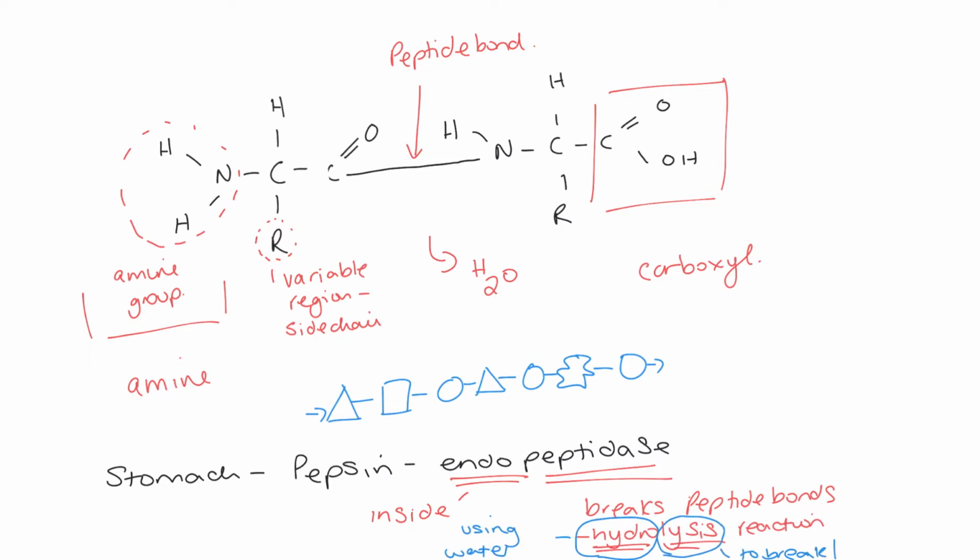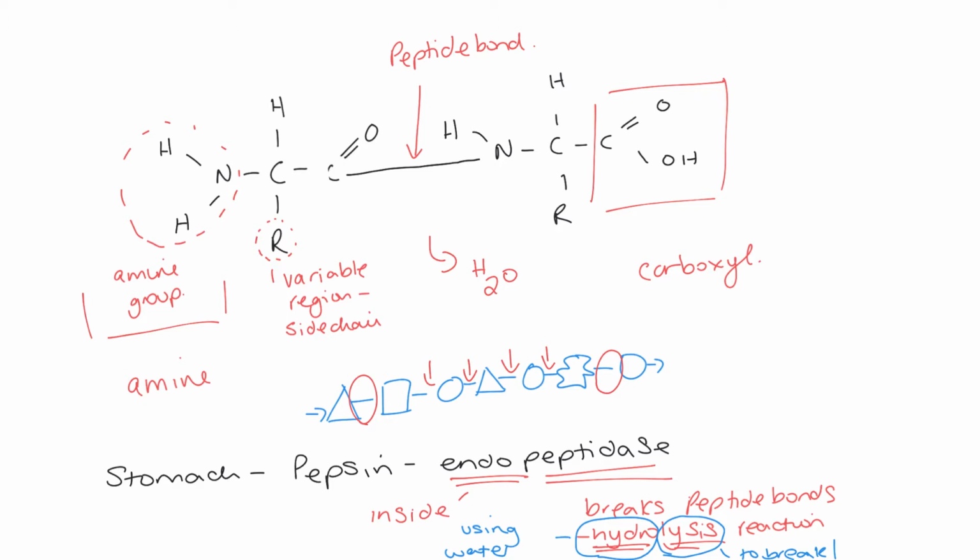So what is an inside peptide bond? Well, it's basically just any of the ones here, any of the ones that are not on the outside. So these bonds here, these are the terminal peptide bonds, so these will be broken by exopeptidases. We'll talk about those later.